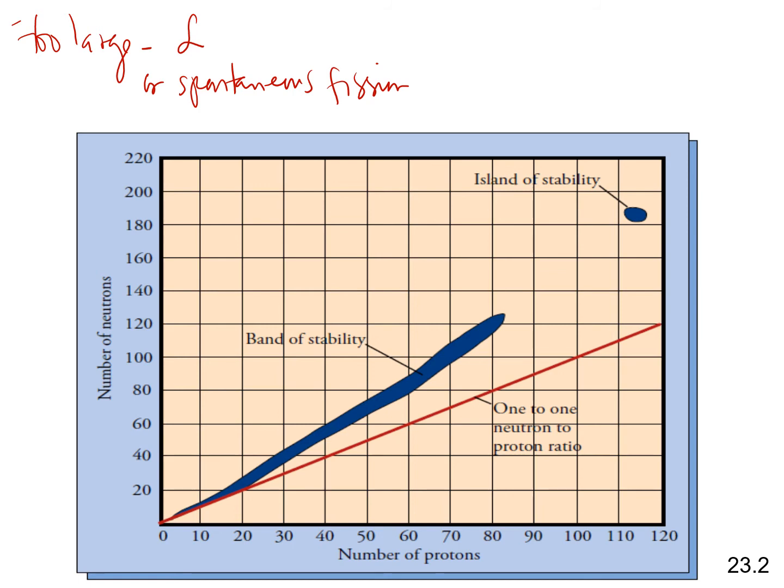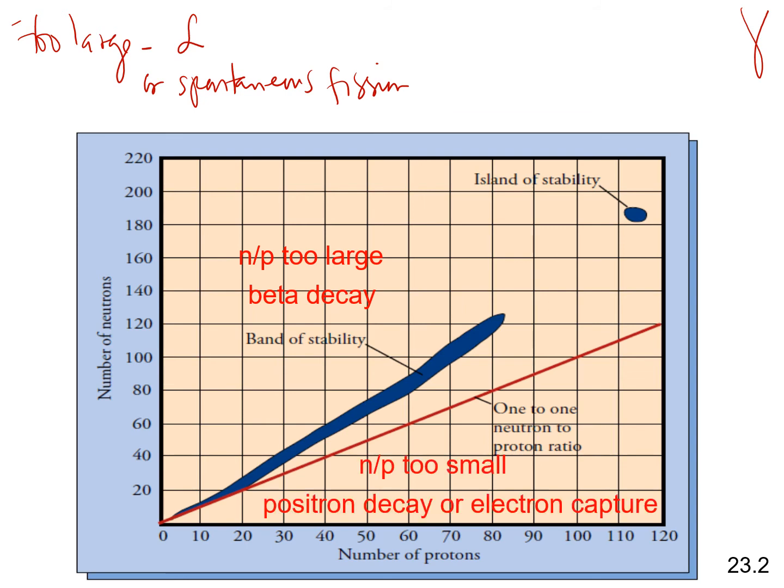It's just light energy, the gamma ray, like this. So again, if the N to P ratio is too large, then beta decay happens. And if it's too small, positron decay or electron capture will happen.